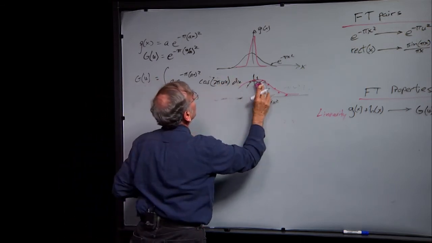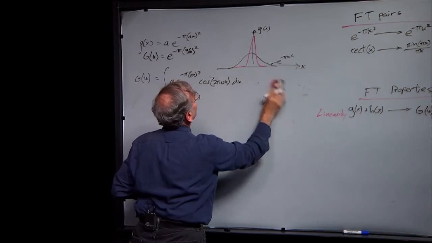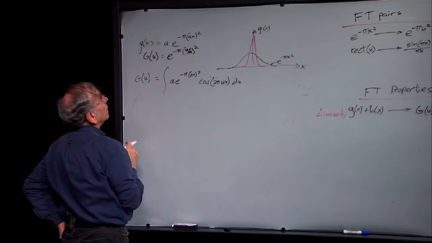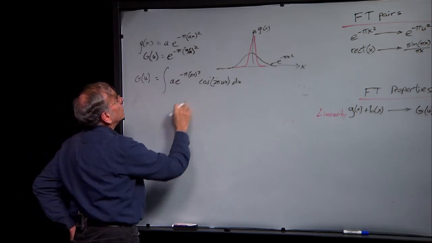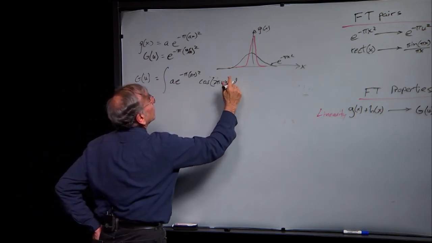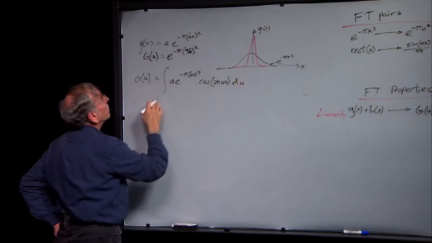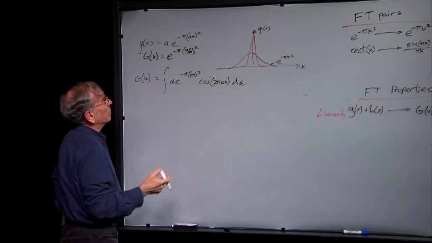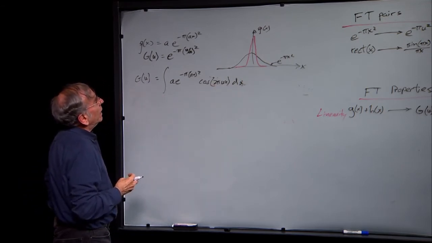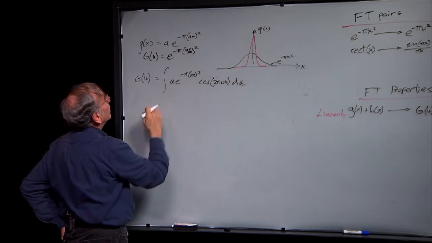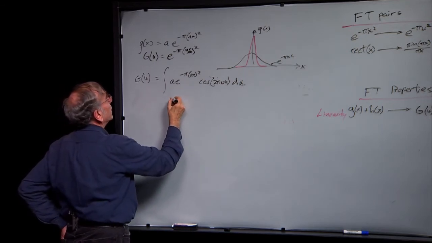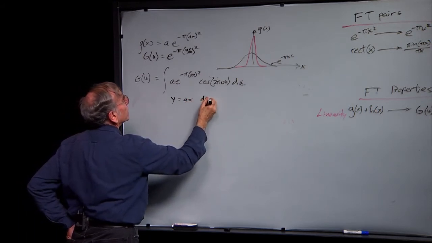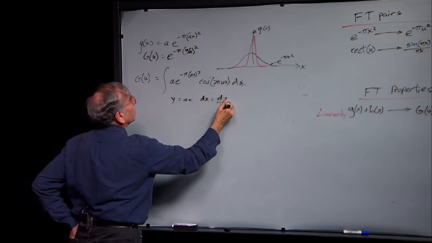And we're done with this drawing. I'm sorry, this is dx. We're integrating over x. So what we can do is change the variable of integration. We can let y equal ax, and then dx is equal to dy over a.